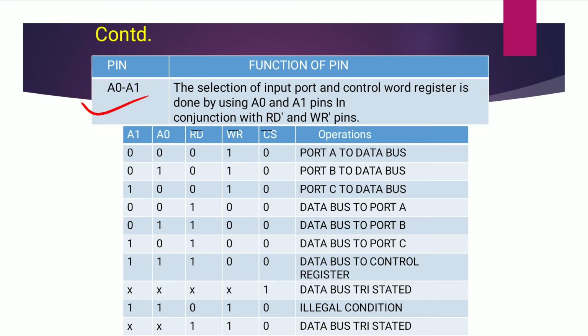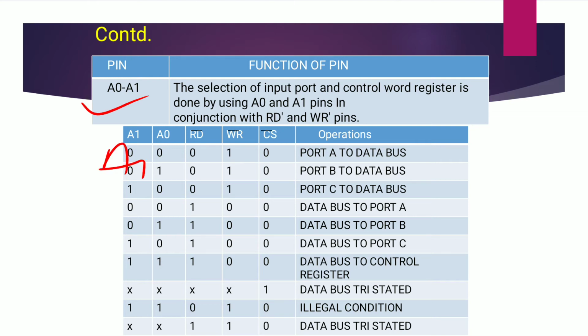Last pins are A0 and A1. These input signals work with read, write and one of the control signals. These are the port selection pins used for deciding the mode of operation of 8255.